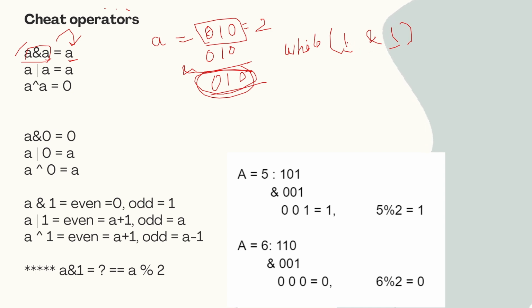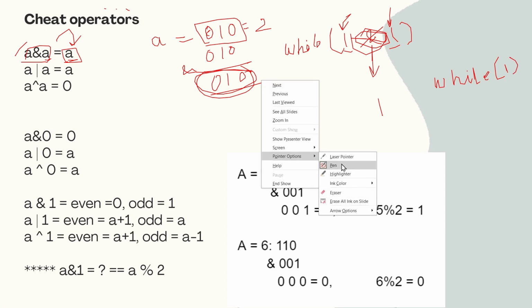You know that whatever A and A I apply, I'm going to get the same thing again. So instead of writing 1 and 1, just replace this entire thing with 1. Instead of while 1 and 1, we write while of 1. So it's very useful, right?